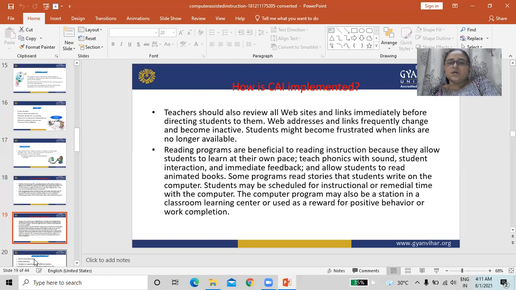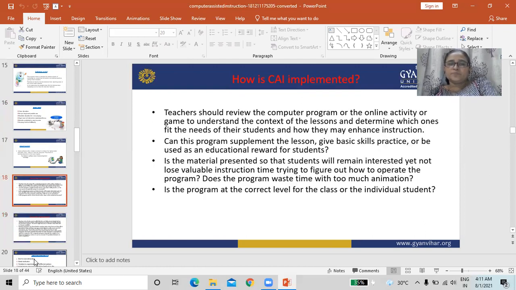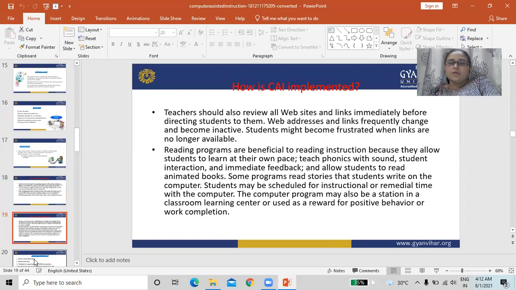How is CAI implemented? The teacher should also review all websites and links immediately before directing a student to them. Web addresses and links frequently change and become inactive.